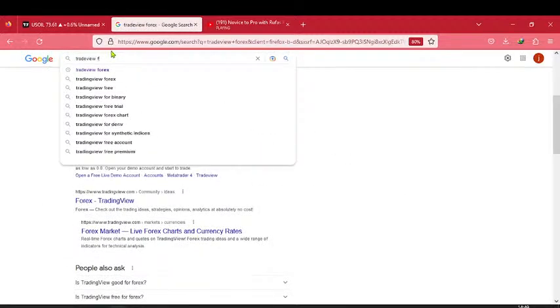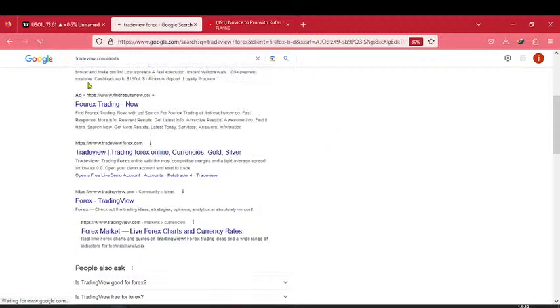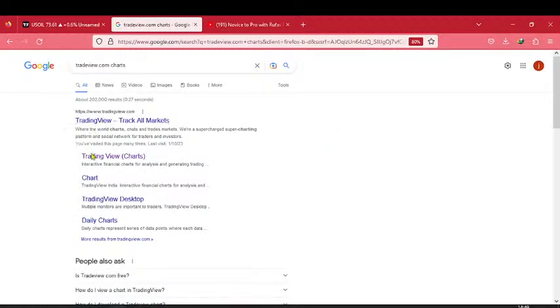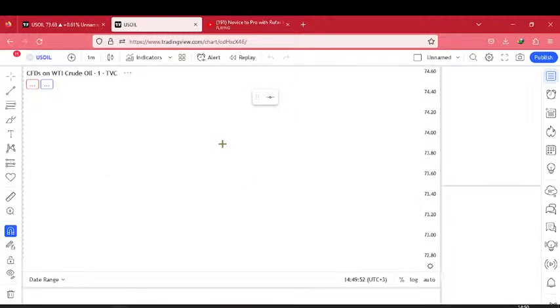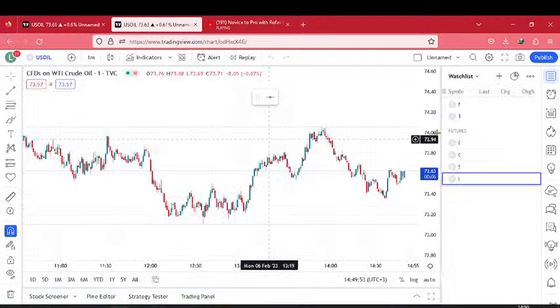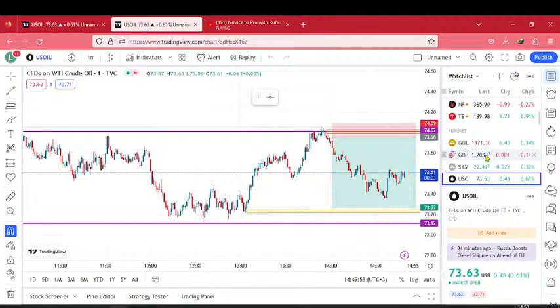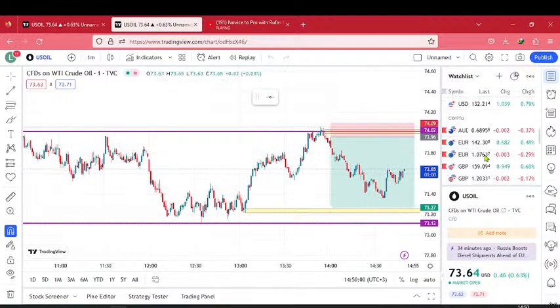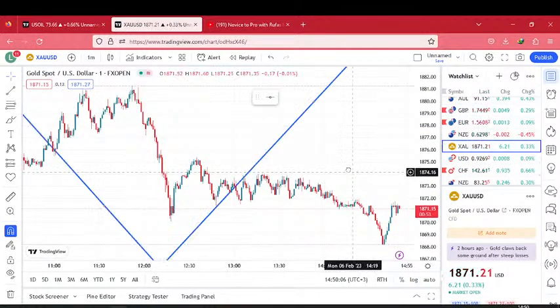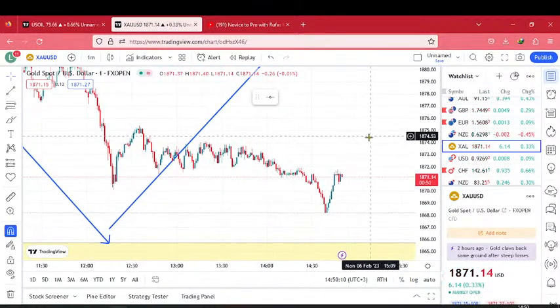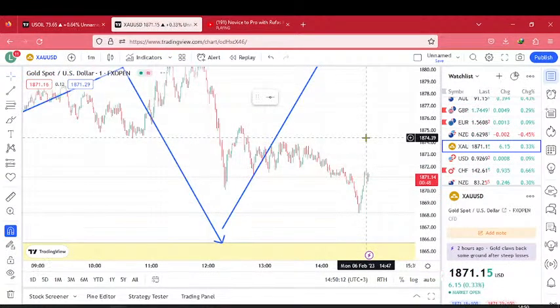let's see. So trade size, this should be the size of your position. Oh, 0.01, sorry. So yes, this is it.